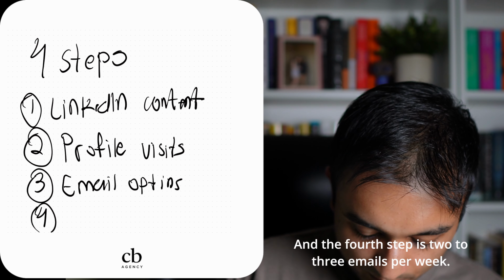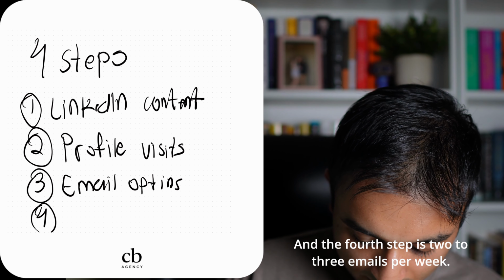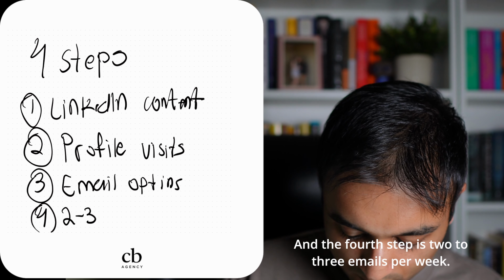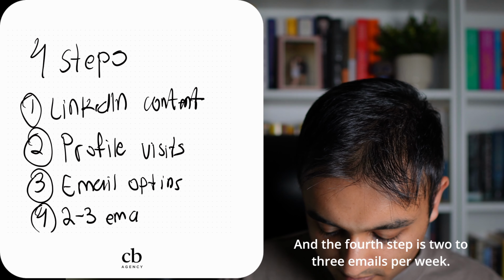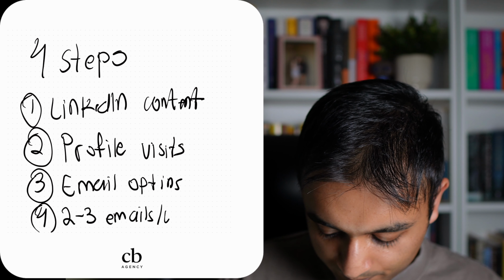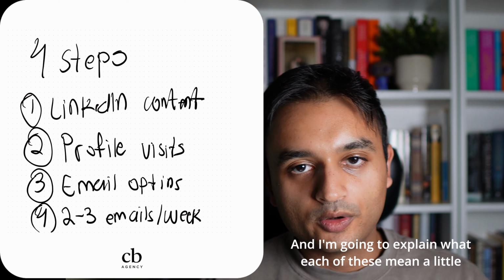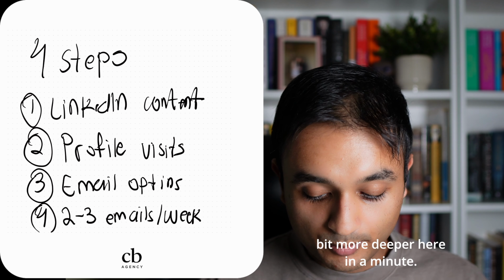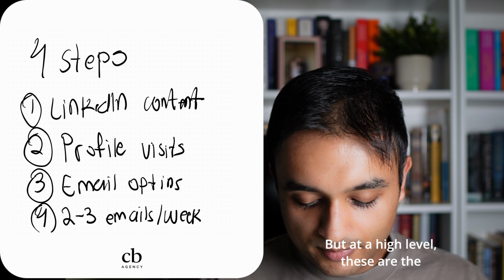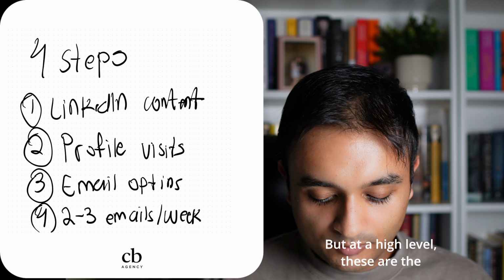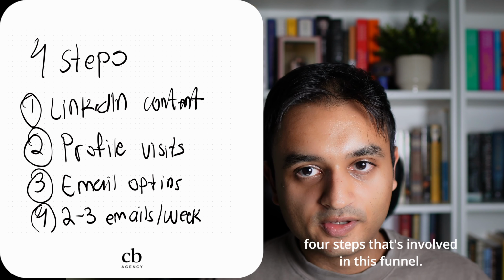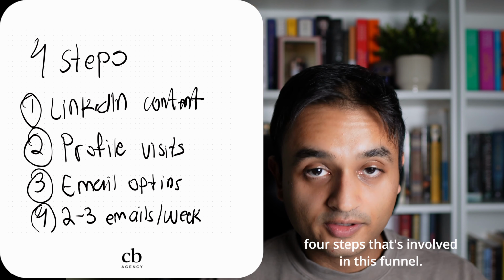And the fourth step is 2 to 3 emails per week. And I'm going to explain what each of these mean a little bit deeper in a minute. But at a high level, these are the 4 steps involved in this funnel.